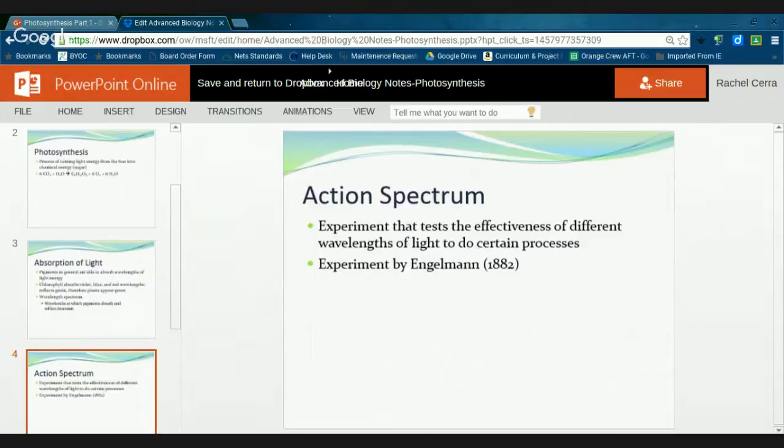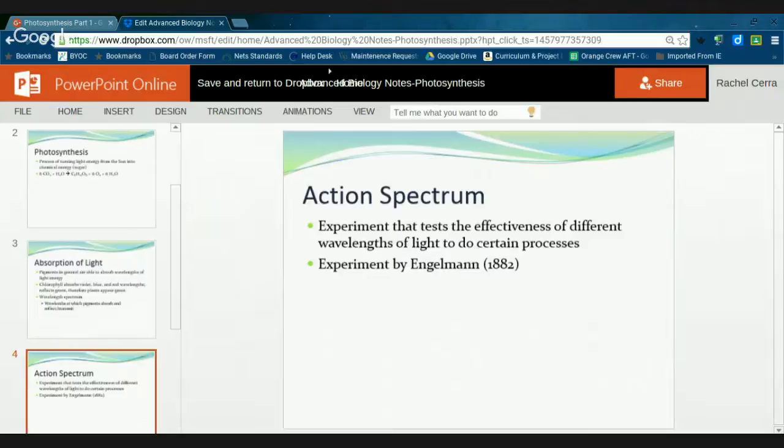He projected a light onto the slide, but before the light hit the slide, it went through a prism in order to separate the different wavelengths. So the diagram's showing you that we've got the red on the left and the violet on the right. And he was going to try to see what wavelengths were necessary for photosynthesis.